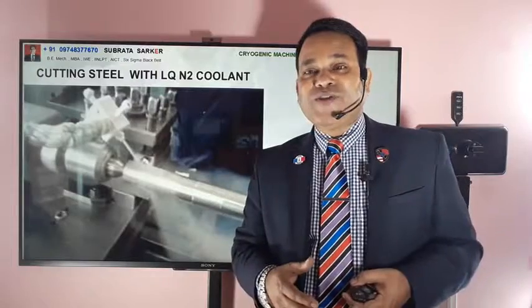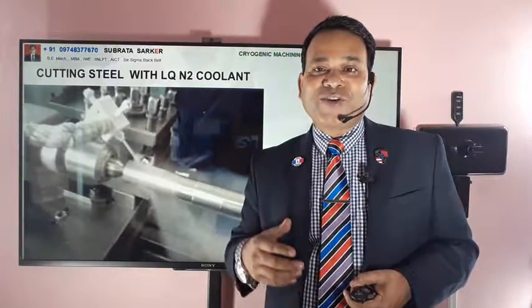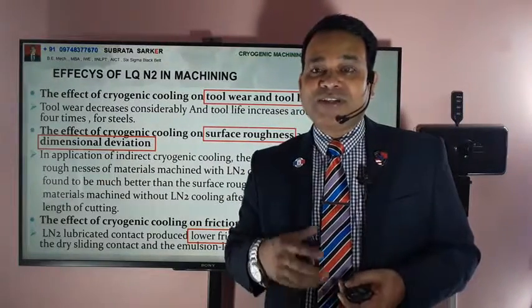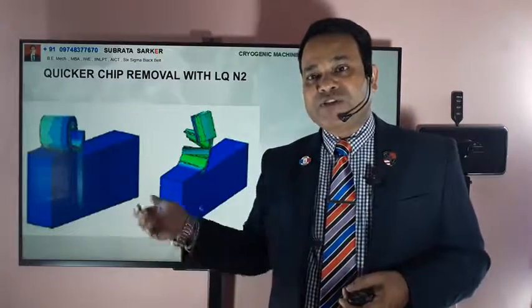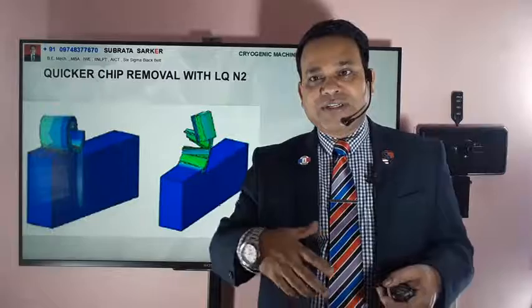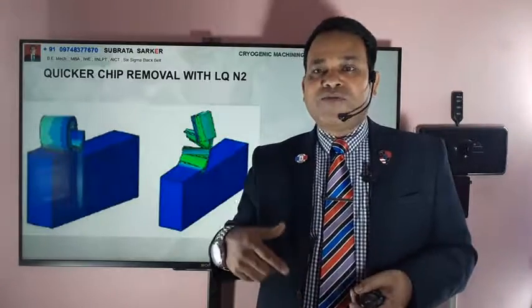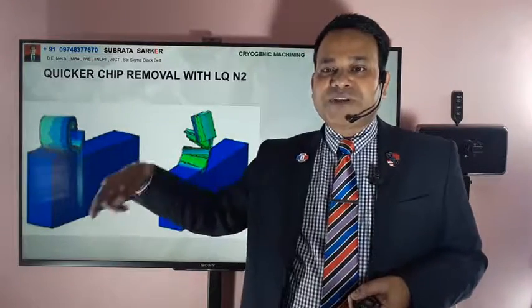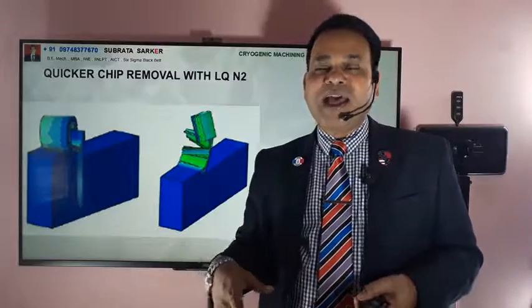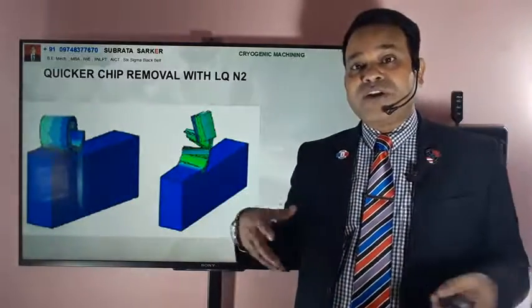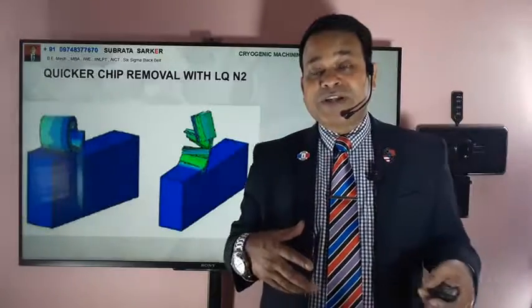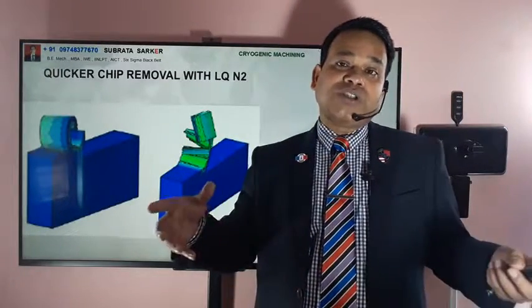Liquid nitrogen also has a lower frictional coefficient with the cutting tool. This is one of the reasons. When you do metal machining, what comes out is technically called a chip. When steel is machined, the chips come out like springs. It is a problem if the chips are very long, so there is a special arrangement in the tool called a chipbreaker.